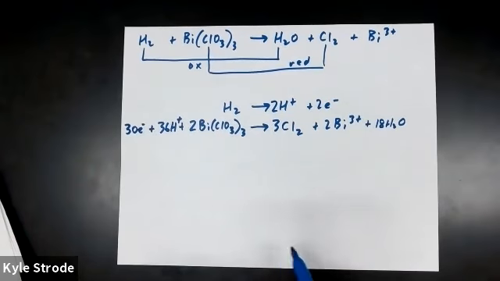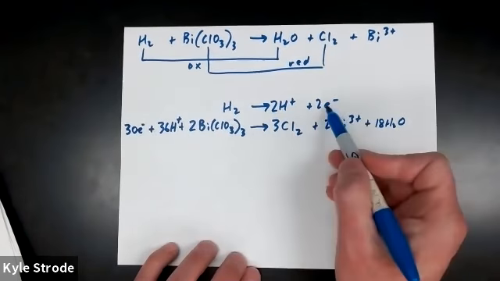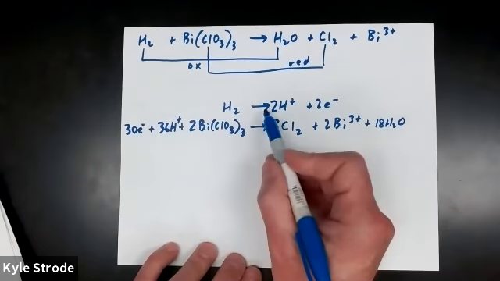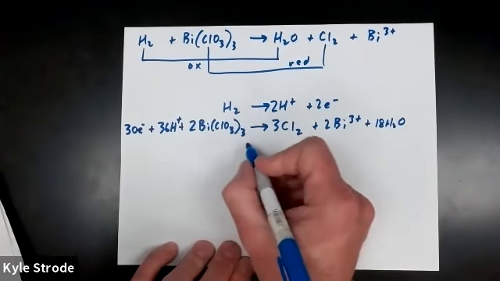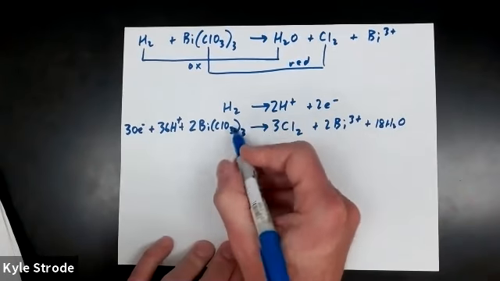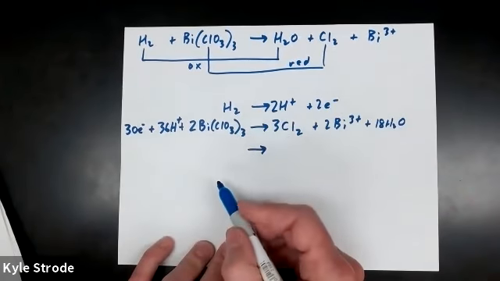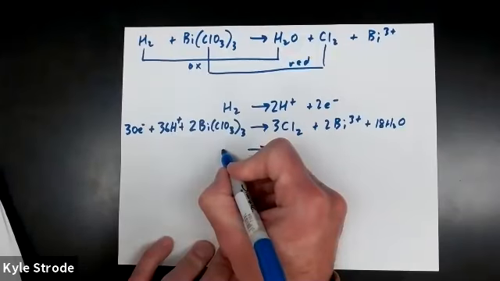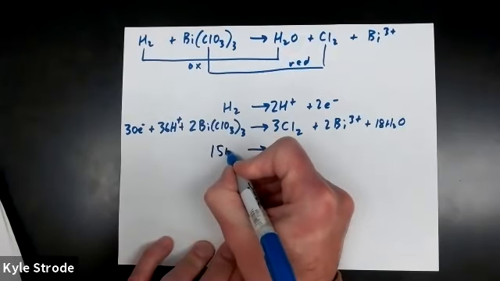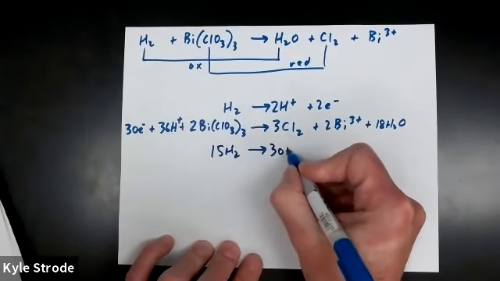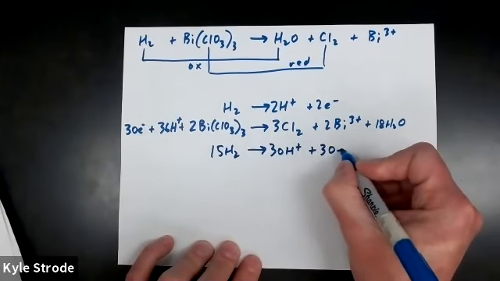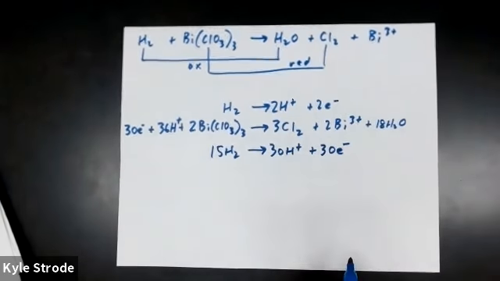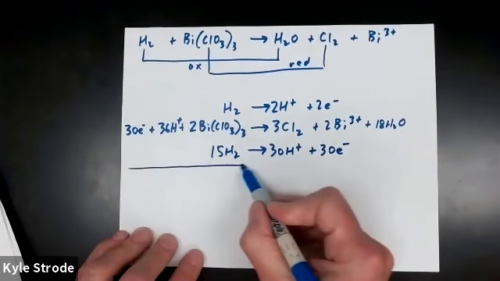Okay, so I've got my 2 half reactions balanced. My least common multiple between 2 and 30 is 30, so I'll multiply this reaction by 15. And I'm just going to bring it right below here and multiply everything in there by 15. So I've got 15 H2s makes 30 H plus and 30 electrons. And now I can cancel.